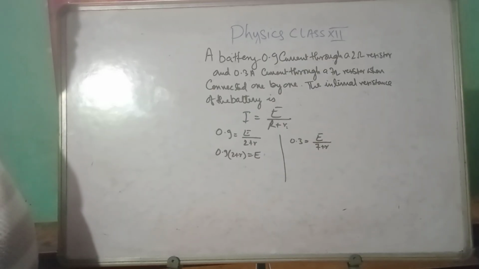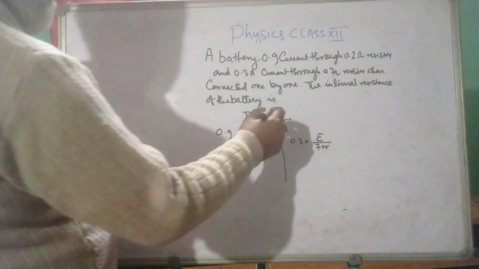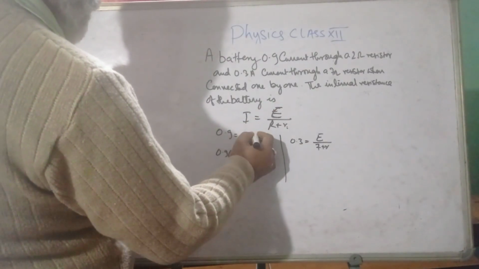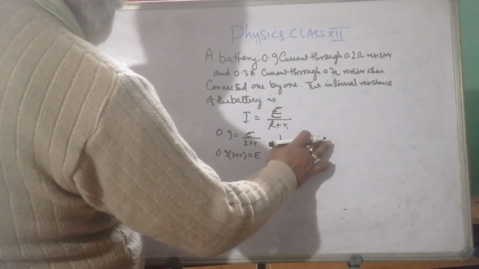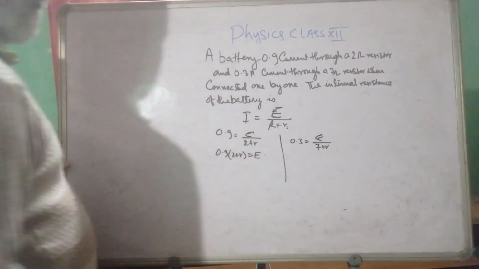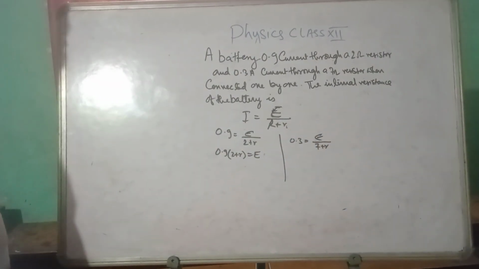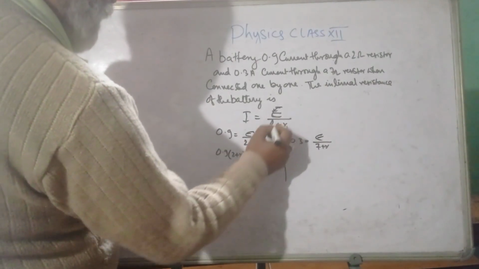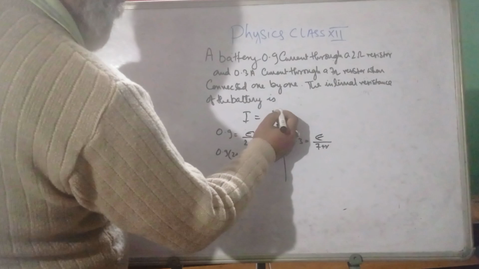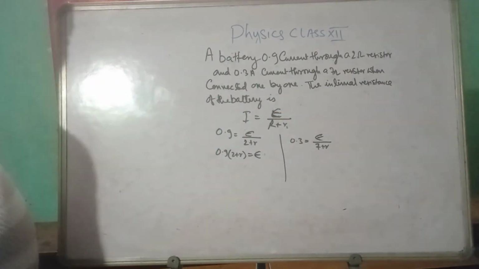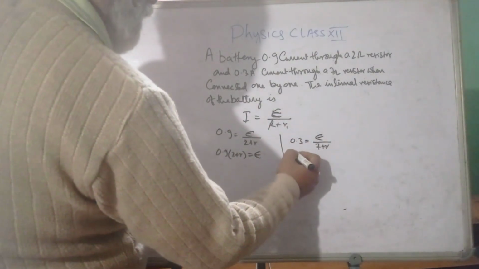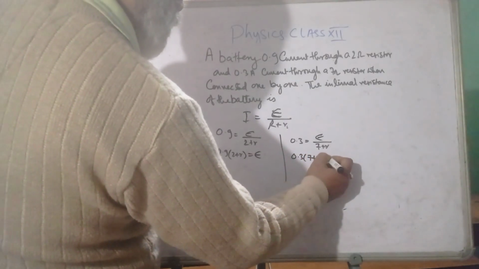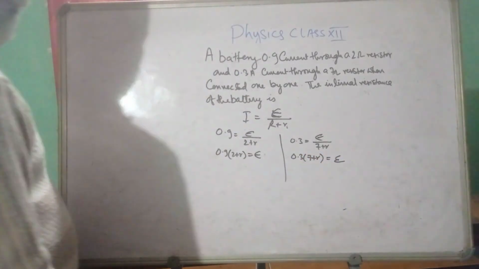This is actually induced EMF, not E, induced EMF. So here you see, your induced EMF will remain the same. So 0.3(7 plus r) is equal to epsilon.